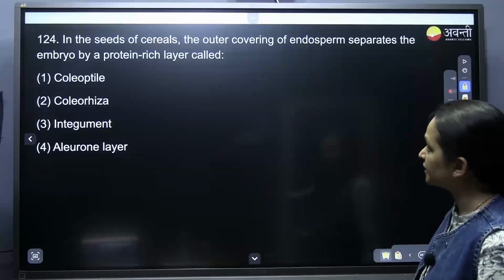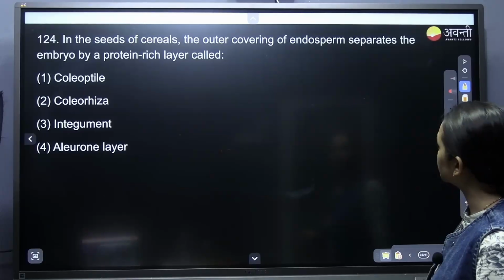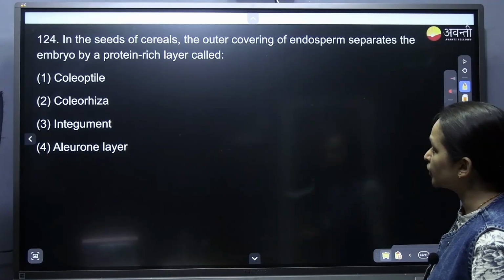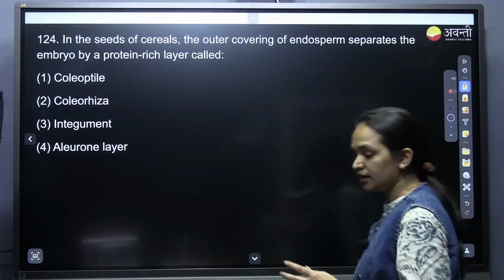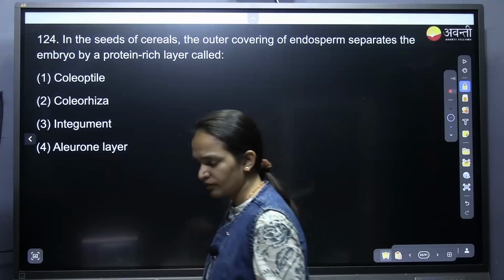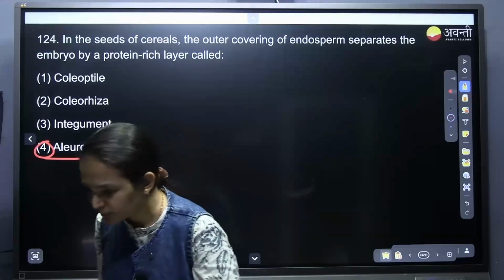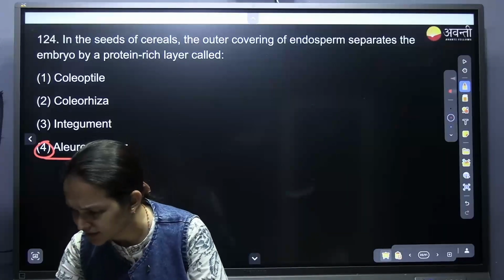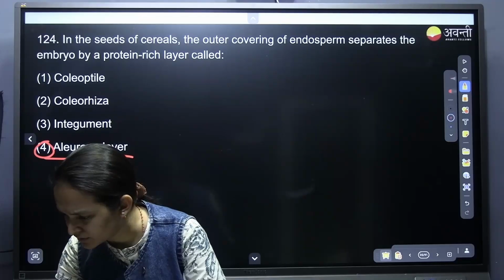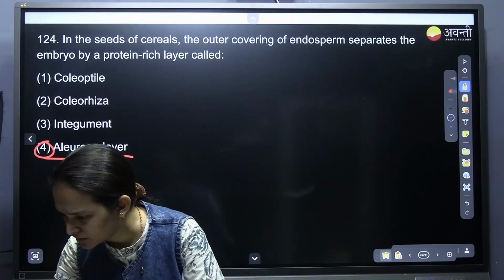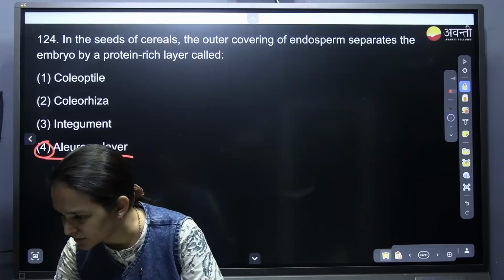In the seeds of cereals, the outer covering of endosperm separates the embryo by a protein-rich layer called aleurone. Yes. Just tell me, am I audible, visible? Is there any lag here? Yes, I am experiencing lag here.